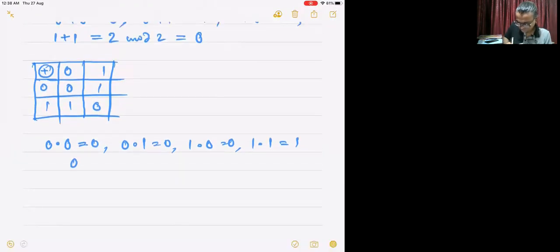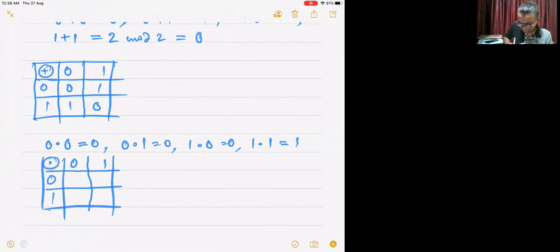I have 0, 1, and 0, 1, multiplication: 0, 0, 0, 0, 0, 1, 0, 0, 1, 1. Now you see, under these two operations, this indeed satisfies all the properties of a field. Seems surprising, but that is true.